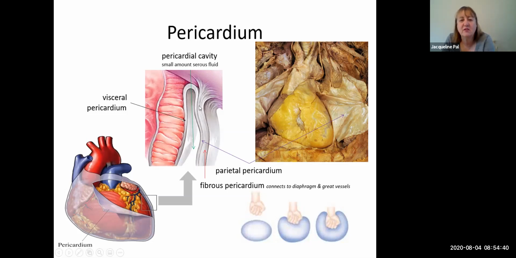And so it is the external portion next to the parietal pericardium, and it attaches superiorly the pericardium to these great vessels, the arch of the aorta, the pulmonary trunk, and inferiorly, it will attach the pericardium to the diaphragm. And this holds the heart in its place. So if you lie on your side to go sleep, your heart doesn't flop over into one side of the chest or the other. It is held in position.